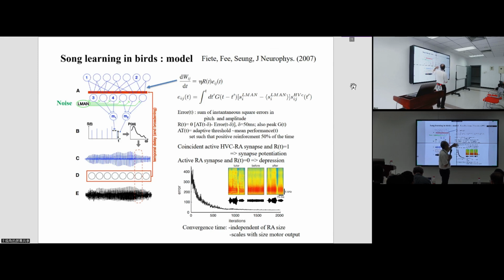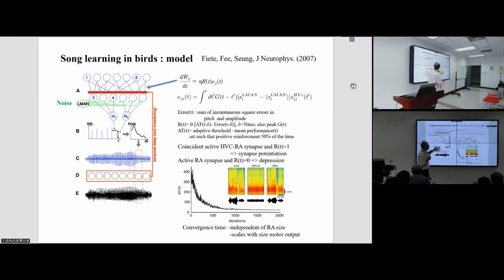So if the performance is good when you have perturbed, you potentiate the synapse, so you improve. If, when you are perturbed, you have increased the firing rate, this is a good perturbation, you increase the synapse, and otherwise you depress it.